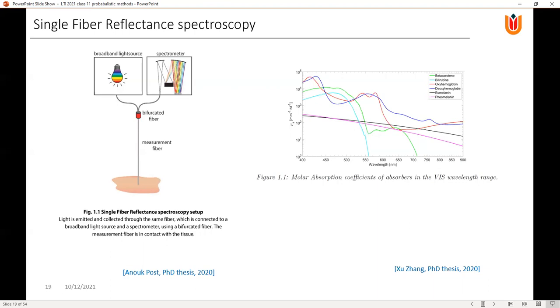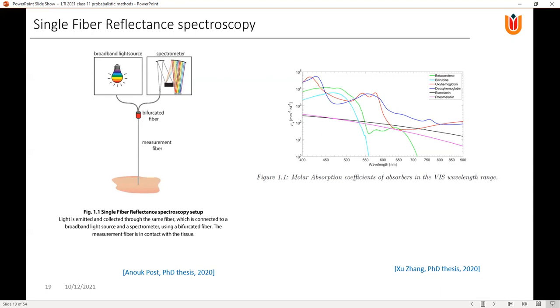So we have hemoglobin and oxyhemoglobin. These are the red and the blue curves, of course. Proteins in blood. There's water, of course, that is not even in this graph. But also compounds like beta carotene, bilirubin, melanin, another form of melanin, that all contribute to the absorption of tissue.